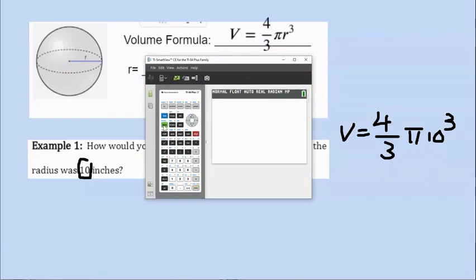So it'll be alpha x, 4/3, second cat ear, 10 to the third power. And you get 4,188.79. So that would be our volume.